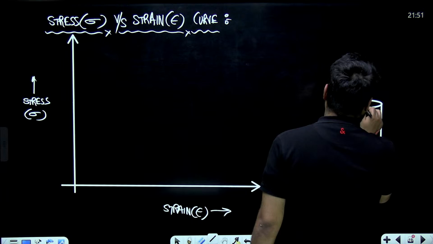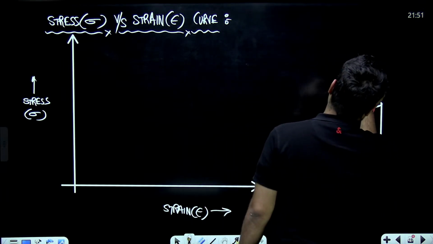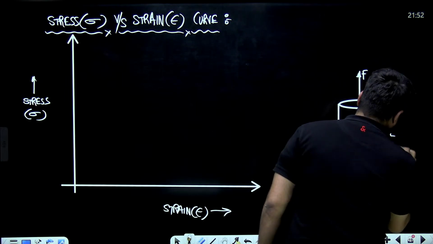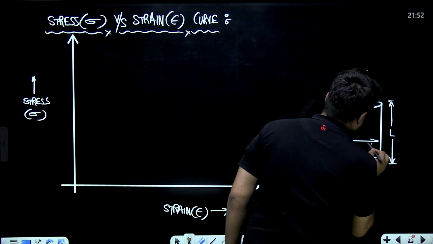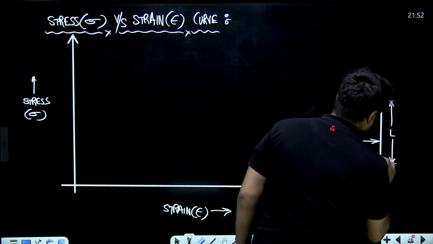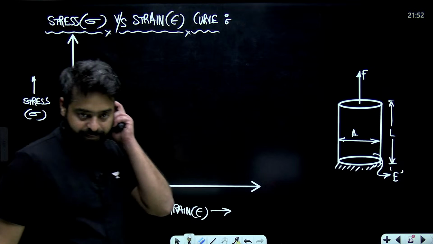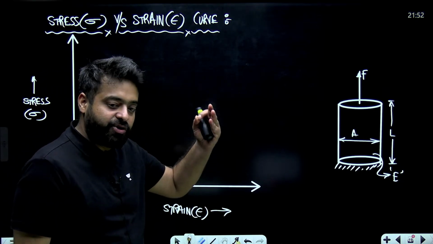The other end is pulled using a device. Force is applied, and this is the original length. This is the cross section area A, and this material has some fixed Young's modulus E. Okay. And they start stretching it.